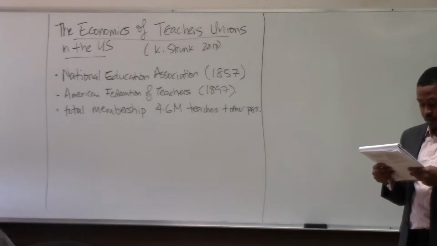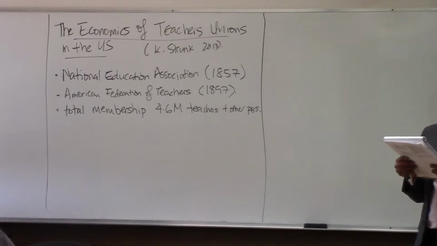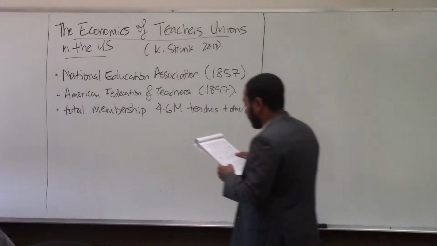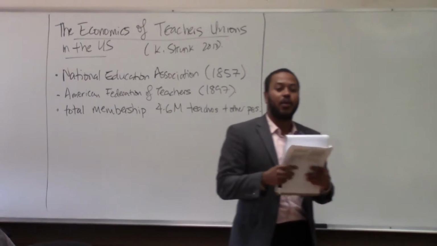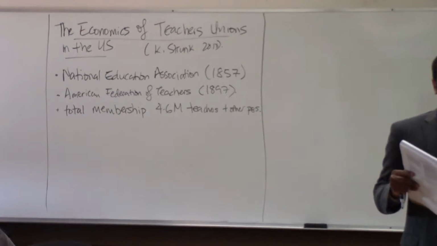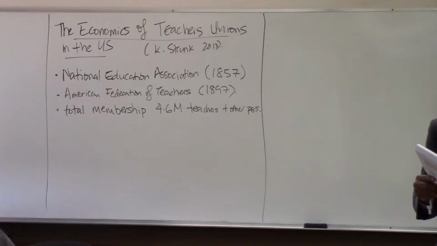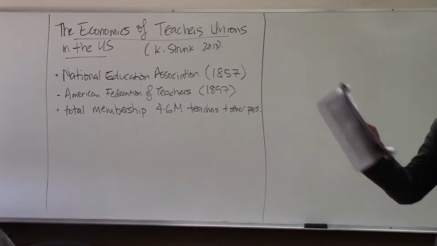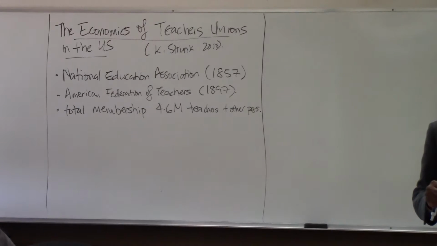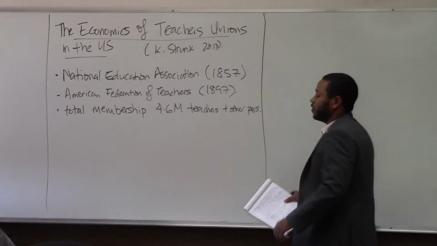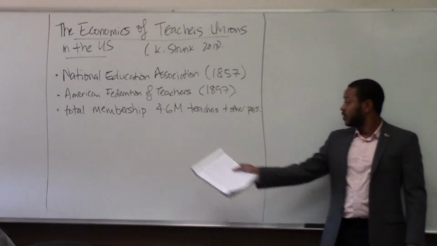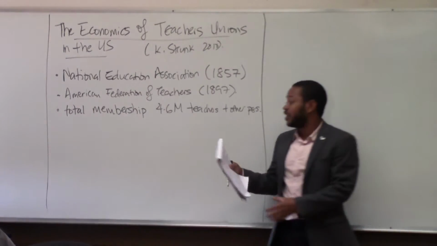What are some attributes of the union that make it really powerful? What do we have up here so far? What do we know about this union? It's huge, the size, right?